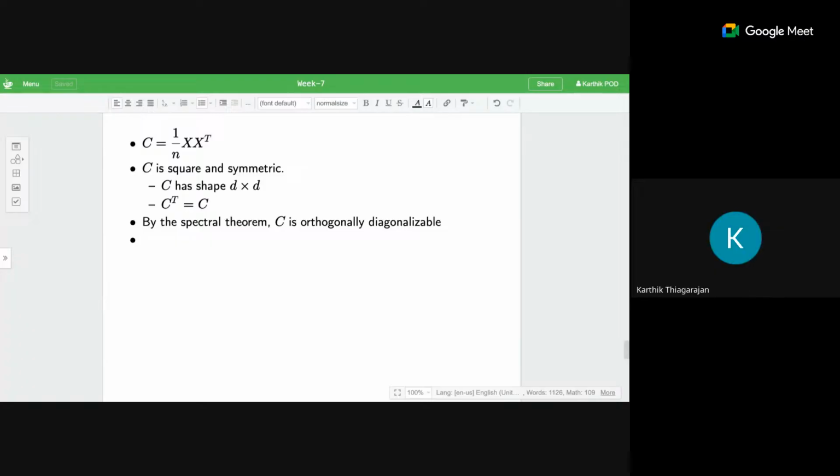Okay, that is that, but not really what I'm looking for. C is a particular kind of matrix. What matrix is it? I'll tell you: C is positive semi-definite.